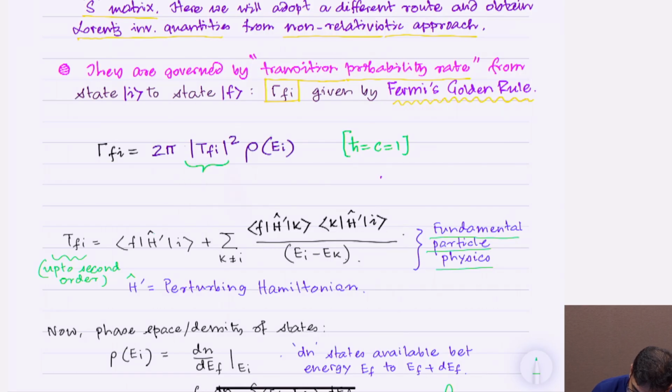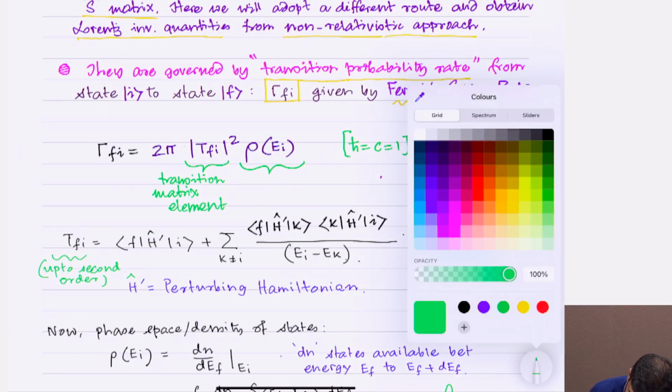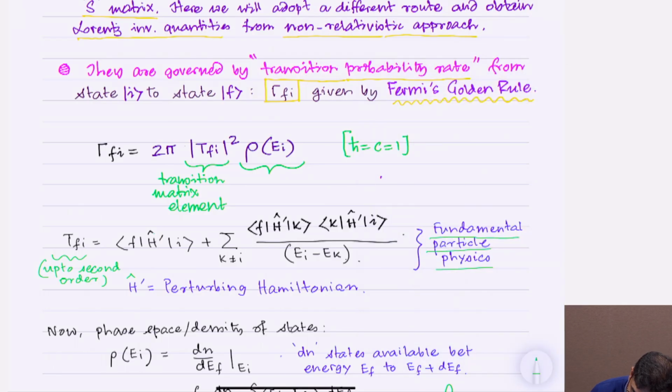Now, what are the different quantities that we have here? This T Fi square is what is called the transition matrix element square. This is called the transition matrix element, and the square of that is included in this one, and this rho Ei is the one that we are going to discuss in most glorious detail today, and this is what is called the phase space or density of states.